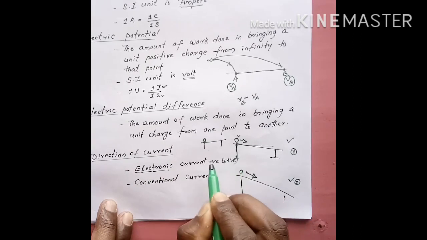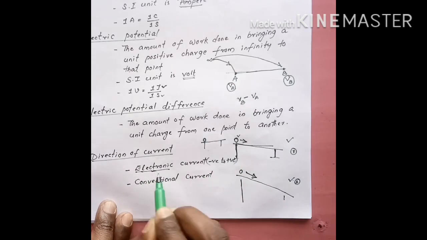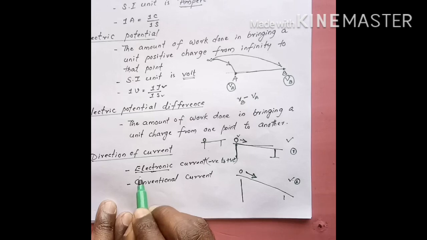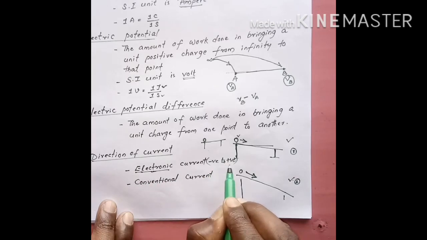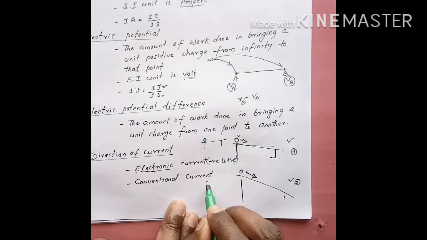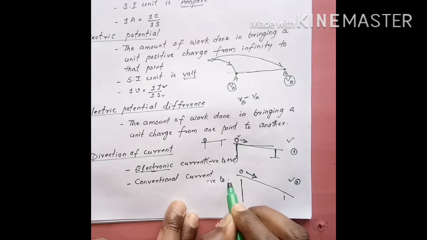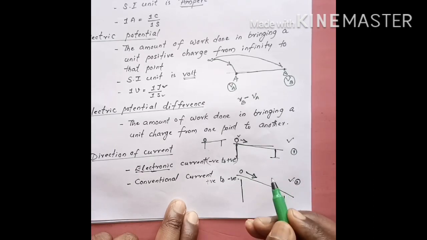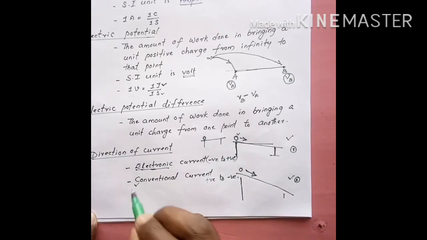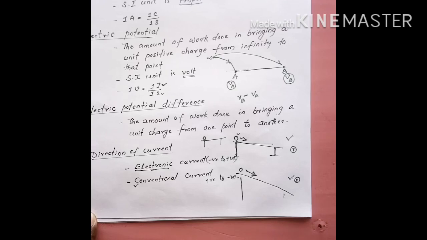So this type of flowing is called electronic current. In another way, electronic current flows from the negative terminal of the battery to the positive terminal, and the conventional current flows from positive to negative terminal, right? In this chapter, we will simply talk about conventional current whenever we talk about the direction of current.